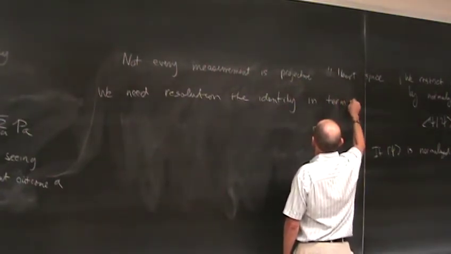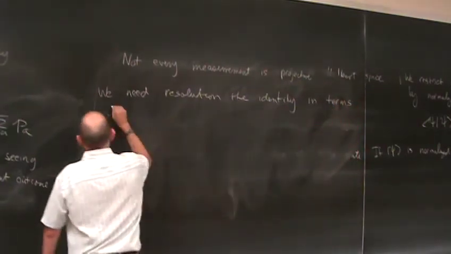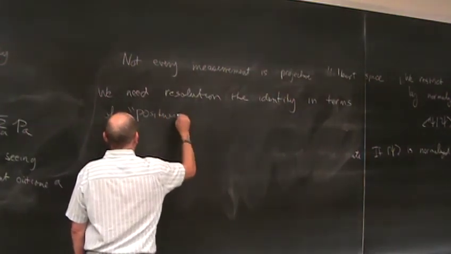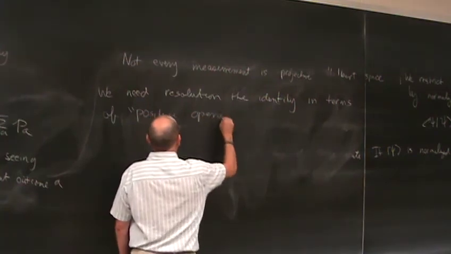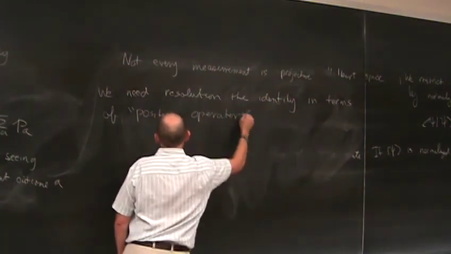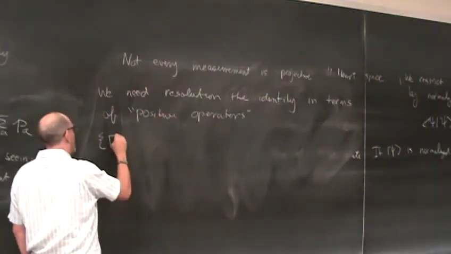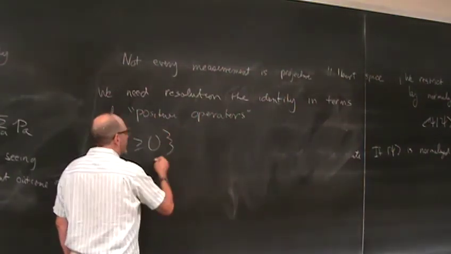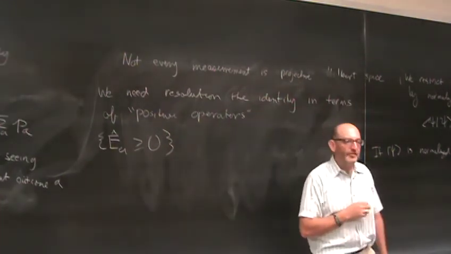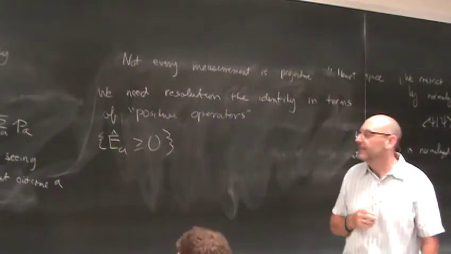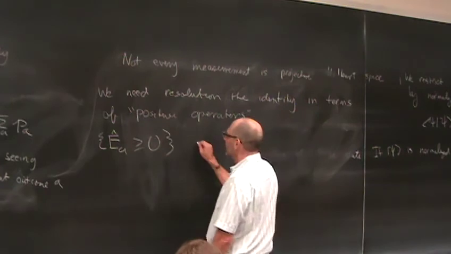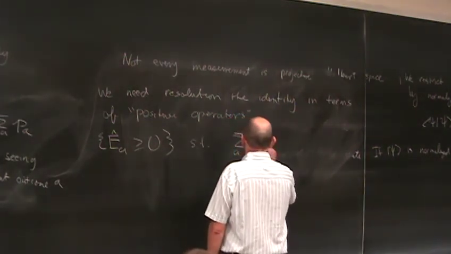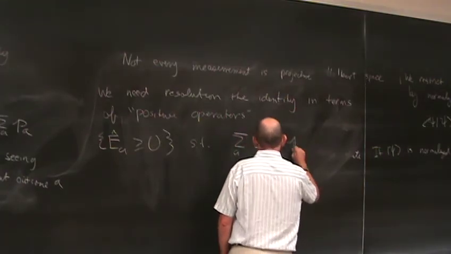in terms of what I'll call positive operators. Let me explain this. Let's assume that there is some set of operators, I'll call them E. I'll say they're positive. What does it mean for an operator to be positive? Such that the sum of these adds to 1.